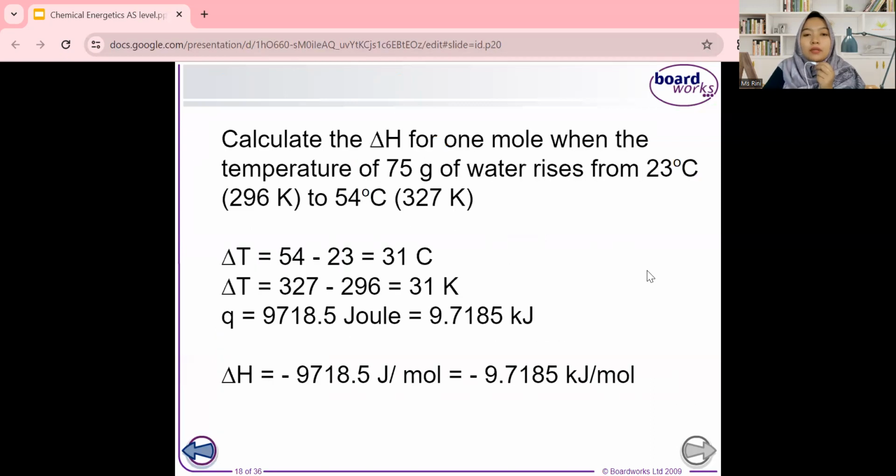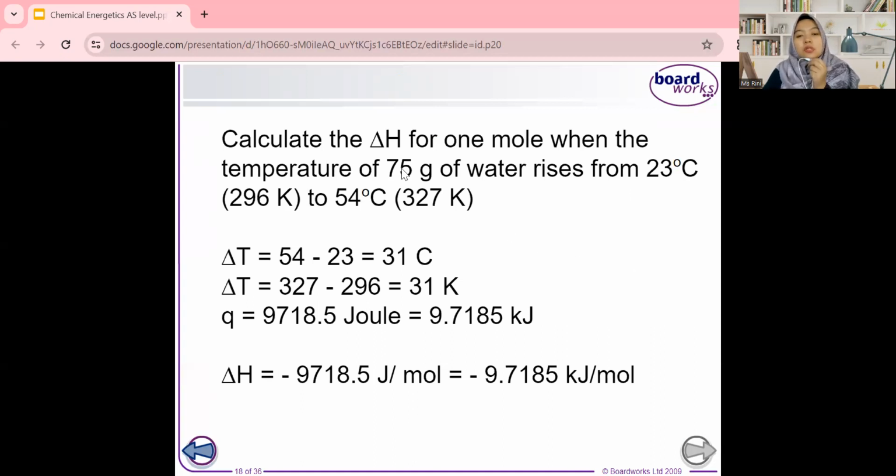All right, to make it clear, I think it is better for us to discuss a question. What does the question look like for the calorimetry topic? The question asks you to calculate delta H for 1 mole when the temperature of 75 grams of water rises from 23 degrees Celsius or 296 Kelvin to 54 degrees Celsius or 327 Kelvin.